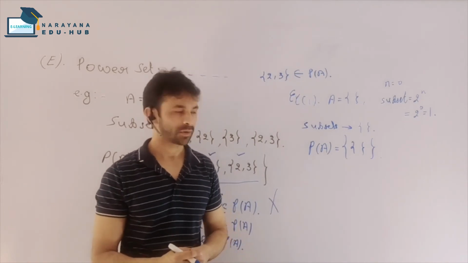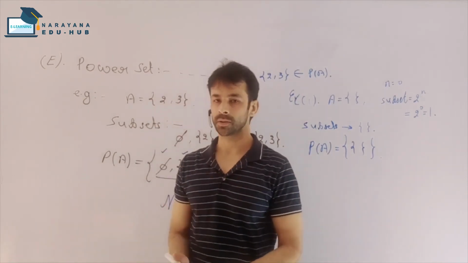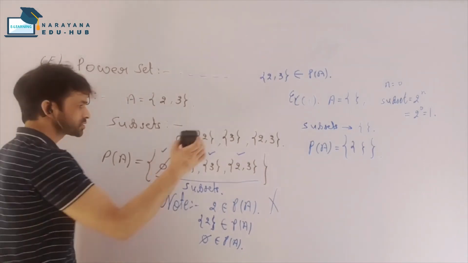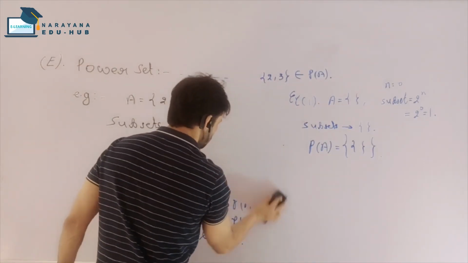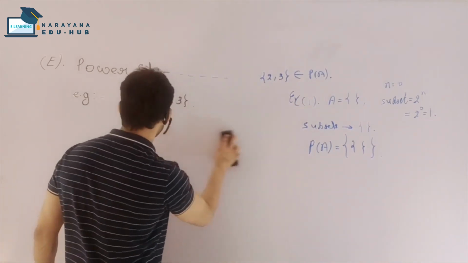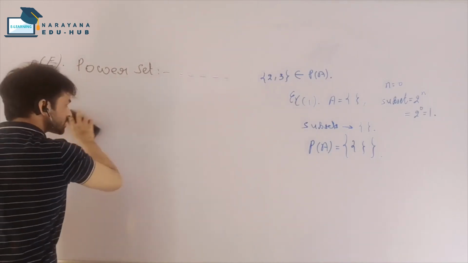Okay, I think things are clear to you. Set of subsets, right? Now we'll take another example, which actually most of the students do wrong for the very first time. So I hope you won't be committing that mistake.